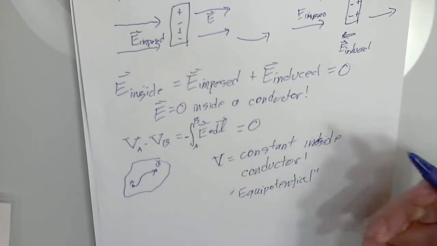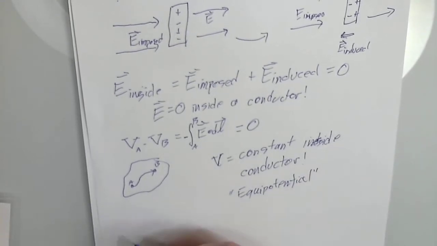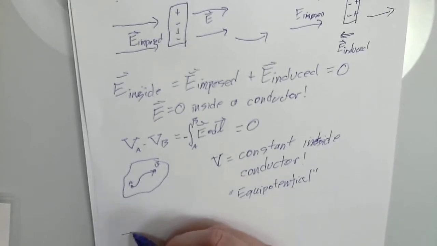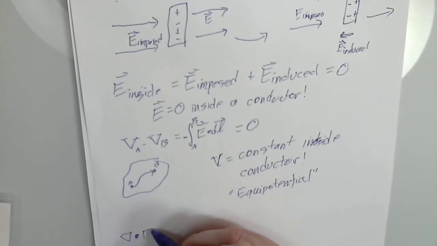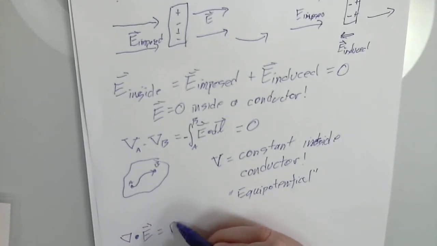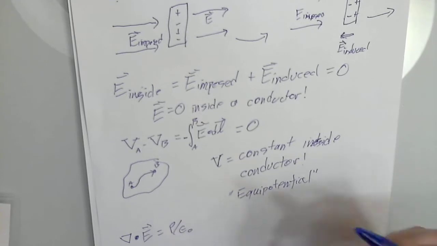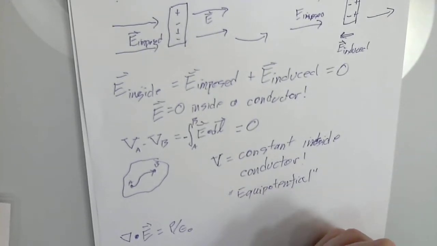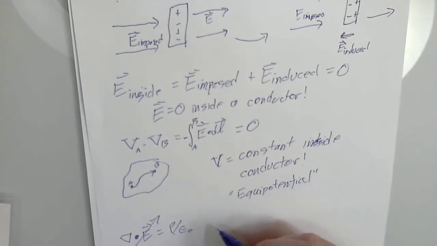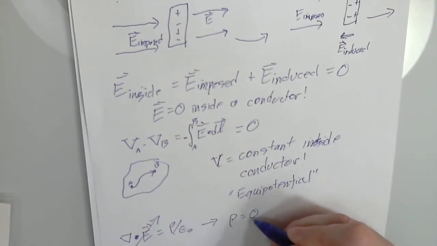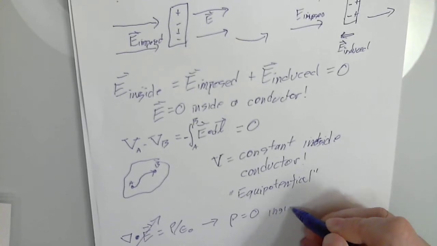Another important property of conductors can be identified by remembering the first of Maxwell's equations, which says that the divergence of the electric field is equal to rho over epsilon naught. And since the electric field is always 0 inside a conductor, that means that the charge density is 0 inside a conductor.